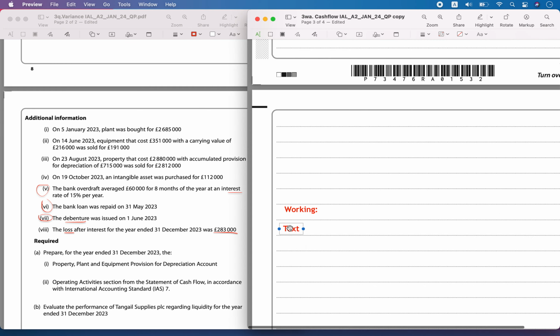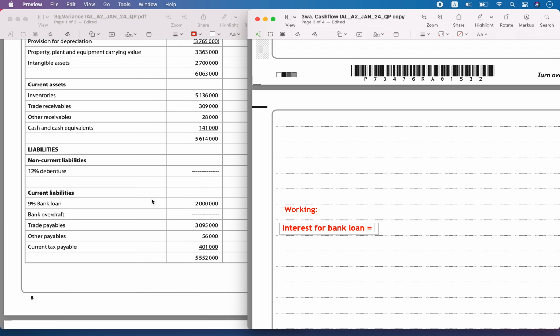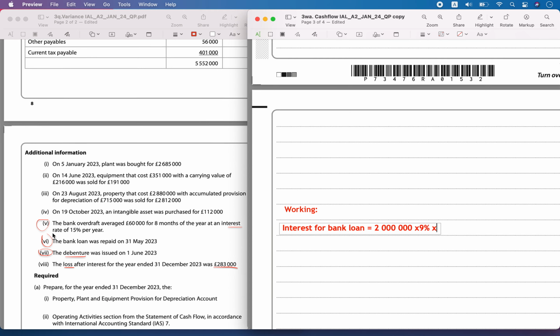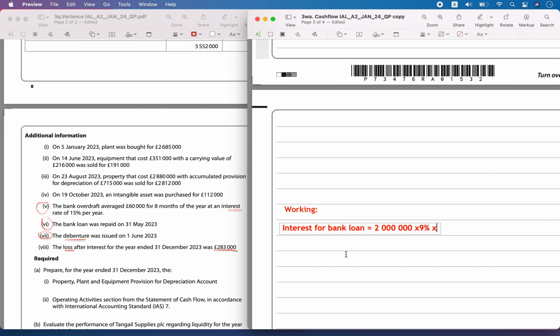So let's calculate the interest first for the bank loan. The bank loan was 2 million, the rate of interest charged was 9%, and this bank loan was paid on 31st May.